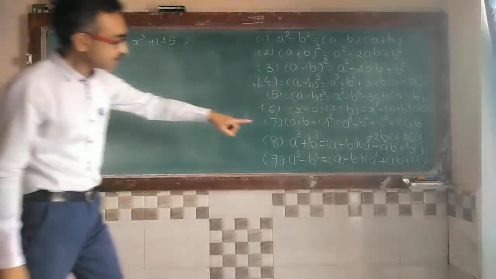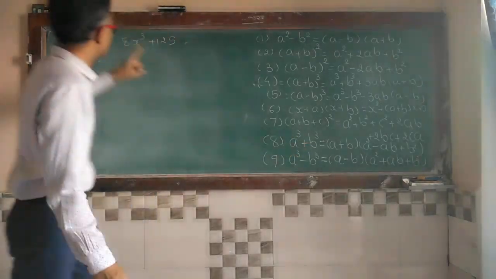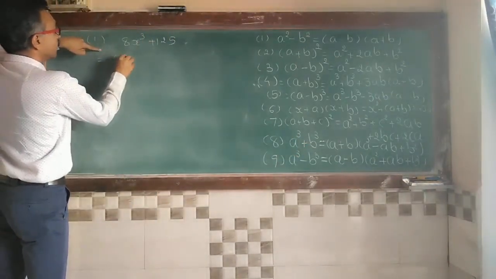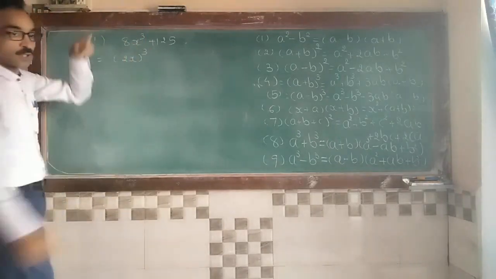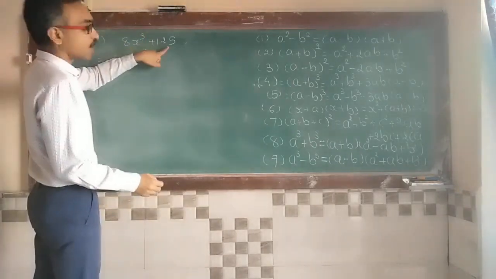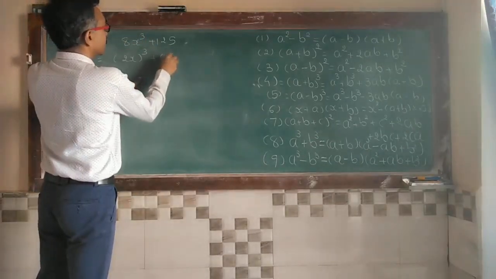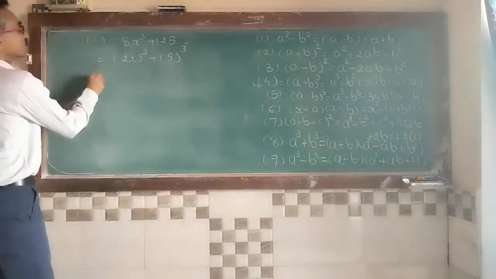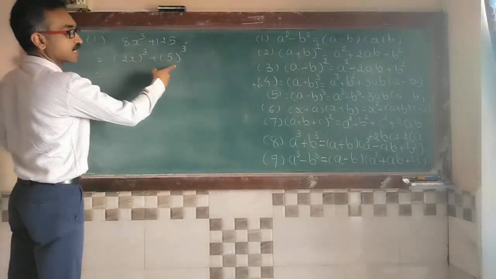Now we know that here it is a^3 + b^3. So a^3 is 8x^3, which is the cube of 2x, and 125 is the cube of 5, that means 5^3. So here a is 2x, b is 5.